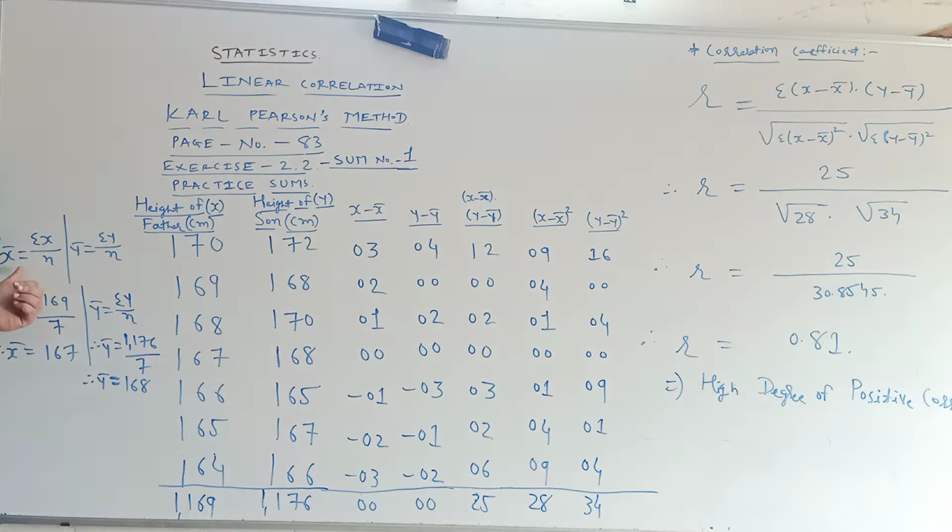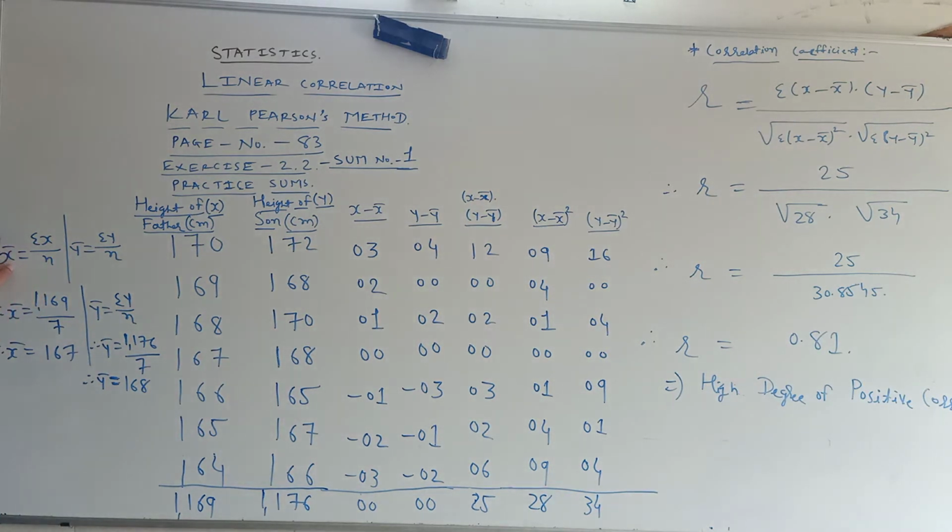The formula for x bar is sigma x upon n, and the formula for y bar is sigma y upon n. Now x bar is 1169 upon n, the number of pairs is 7, 1169 divided by 7, so the answer is 167.